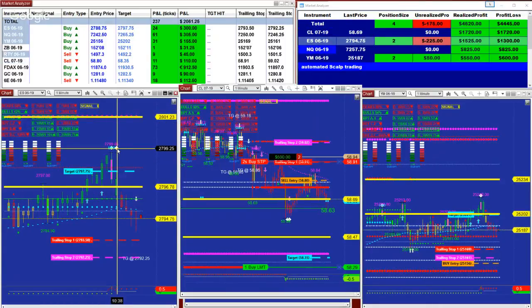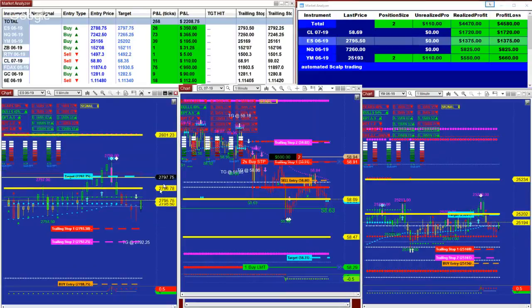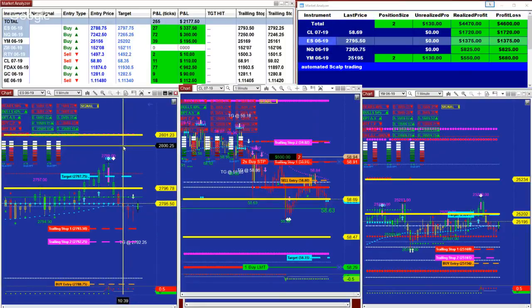This is the end, and we have 2799, and now we are about to break that level. Everything in this chart is very, very efficient. We're just waiting on the new signals.